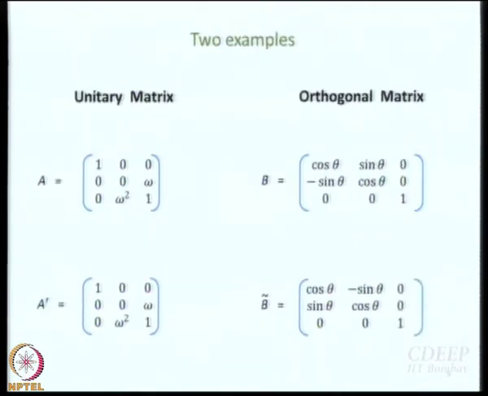Multiply B by B transpose and see what you get. Do we get the unit matrix? So, if we get the unit matrix, is it an orthogonal matrix?